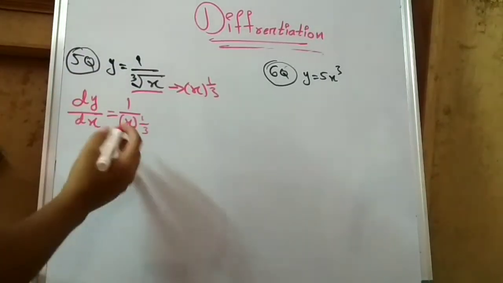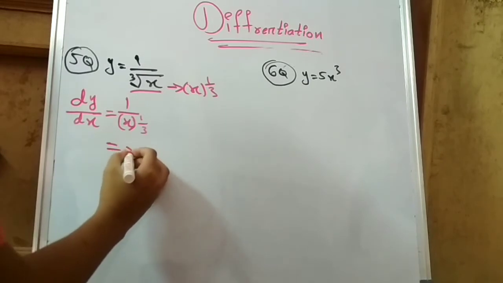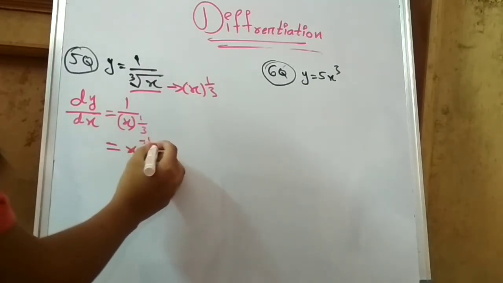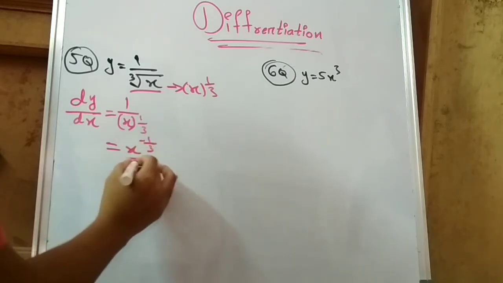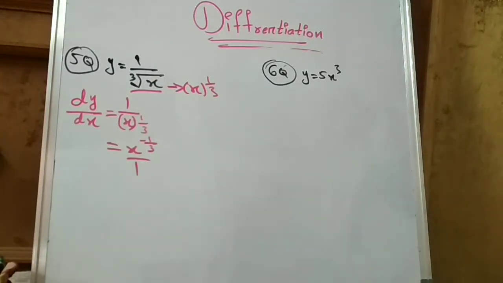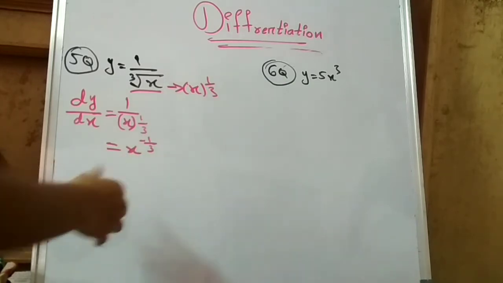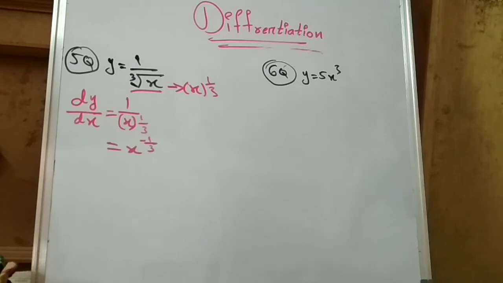That will become x to the power of minus 1 by 3, by 1. Now 1 is not necessary. When the denominator is 1, it doesn't give any value.